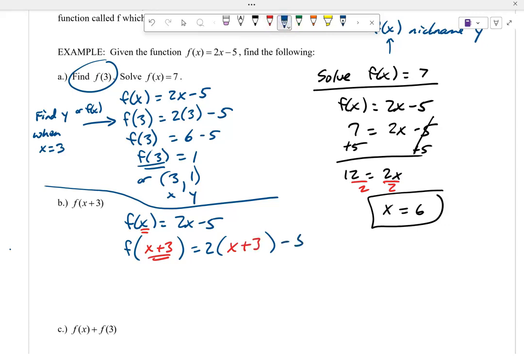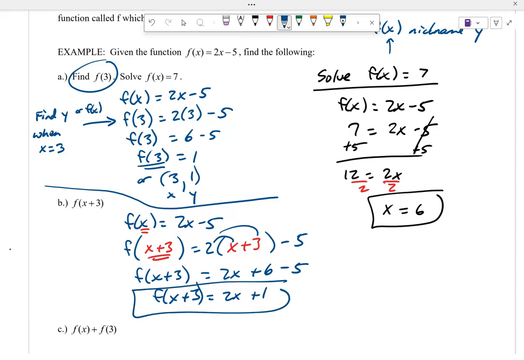X plus 3 is going in for x, right? That's my input, is that x plus 3 now. So f of x plus 3 ends up being, let's go ahead and simplify this, 2x plus 6 minus 5, so we got 2x plus 1. So f of x plus 3 ends up being 2x plus 1.